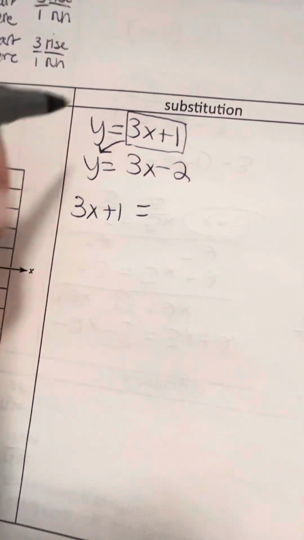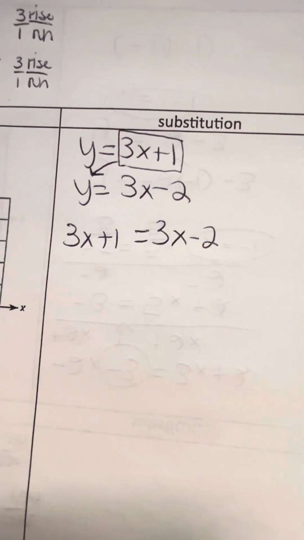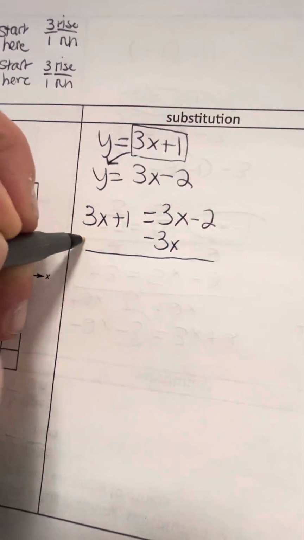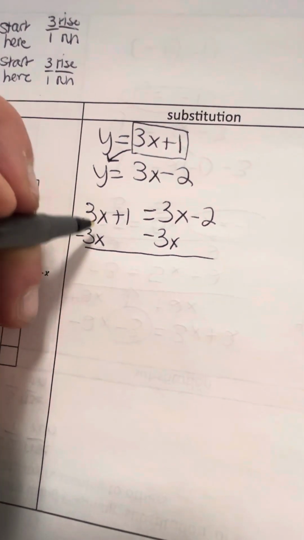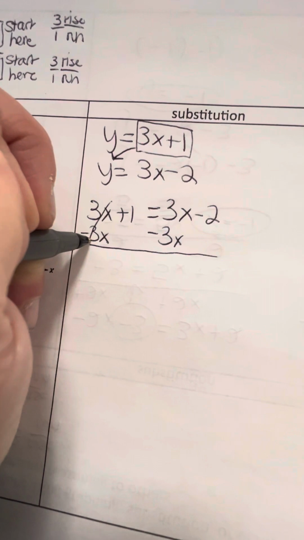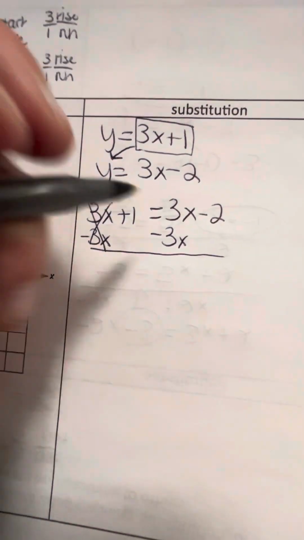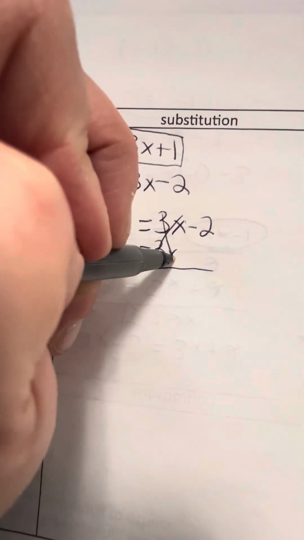Now you're going to end up with 3x plus 1 is equal to 3x minus 2. And now I can go ahead and solve. I'm going to subtract 3x over here. It doesn't really matter which way you start this. Now 3 minus 3 is going to be 0, and that happens over here as well.